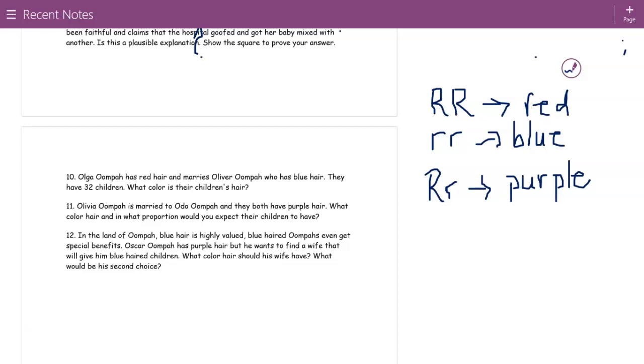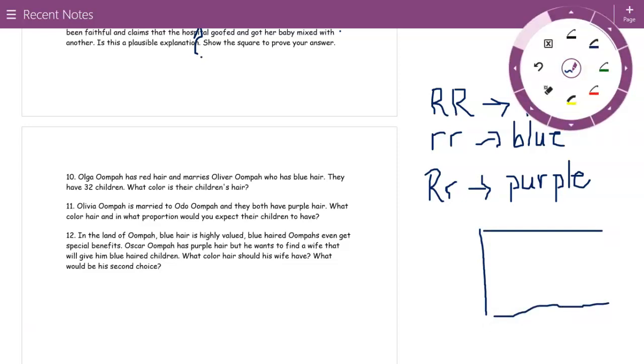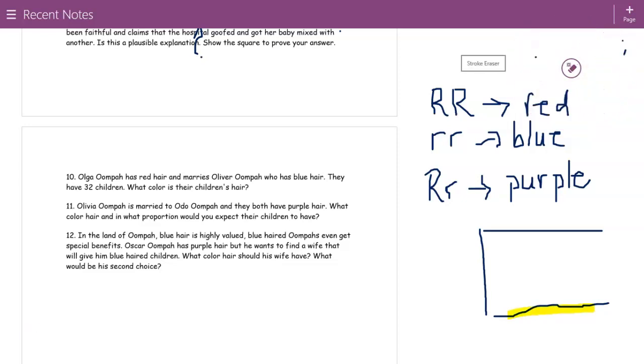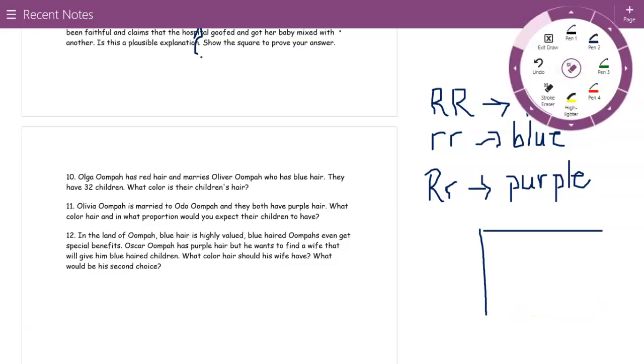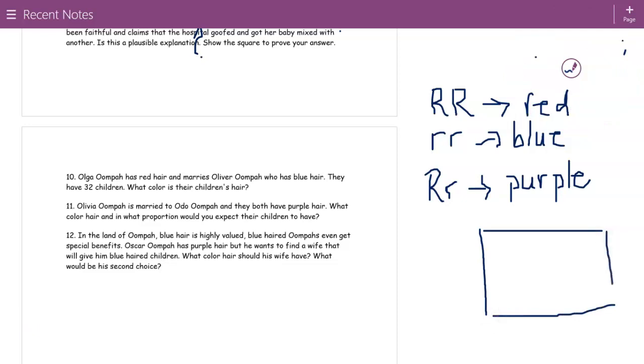Olga has red hair and Oliver has blue hair. Okay, again, they're just trying to throw you off with how many kids they have. We don't know because every time they have a new kid, you repeat the probability. Okay, so here we go. Olga has red hair. Oliver has blue hair.